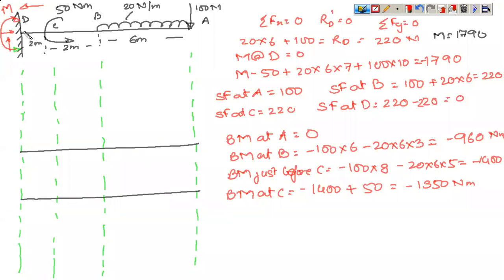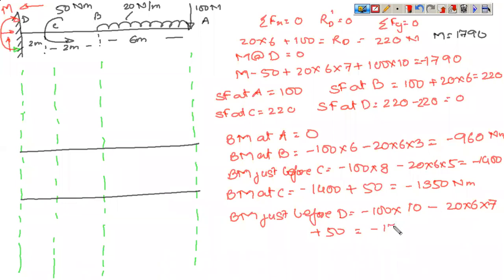And the next is, again here you have a constant moment. So again you need to find out BM just before D. So this is minus 100 into 10 minus 20 into 6 into 4 plus 3, 7 plus 50, and then, okay, so this is 1000, that makes 120, 120 into 7 is 840, 840 plus 950 is 1790.